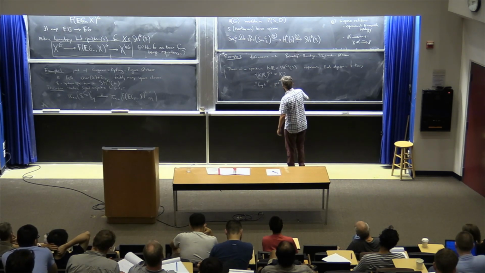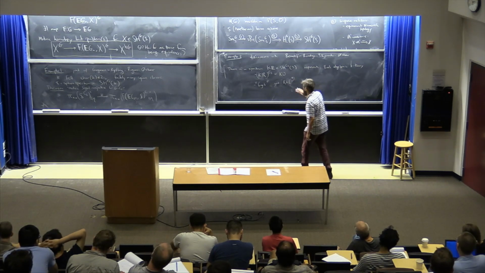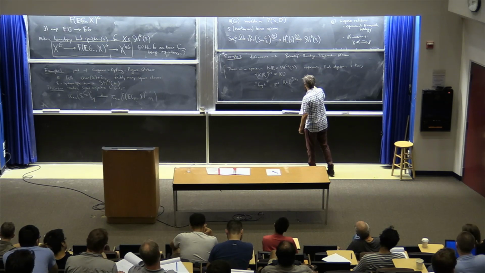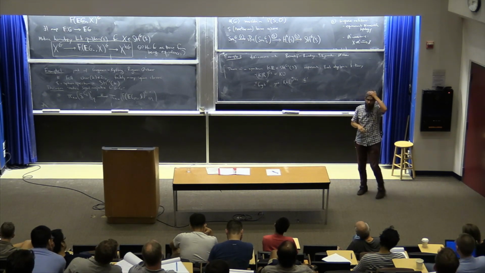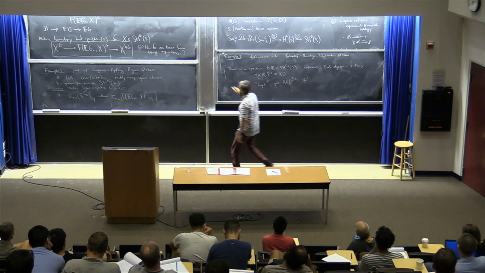We get KGL, the spectrum KGL equipped just with a C2 action given by psi minus 1, sending a vector bundle to its dual. Okay.